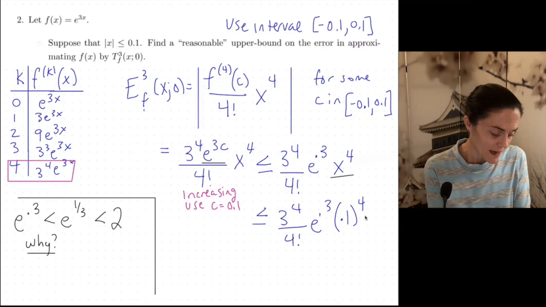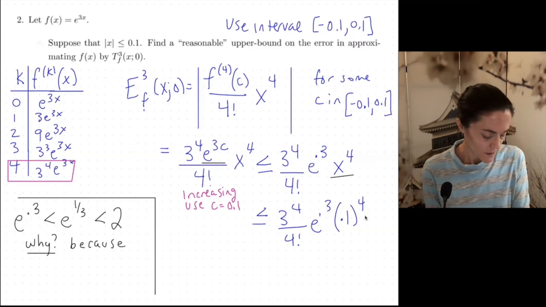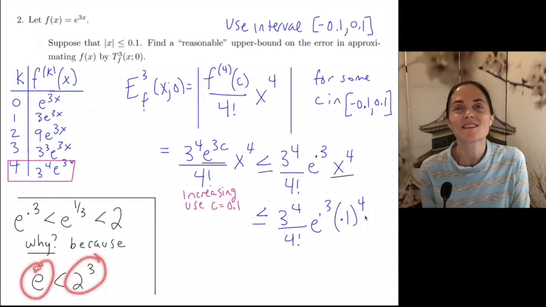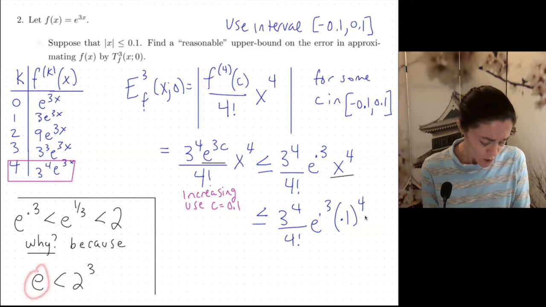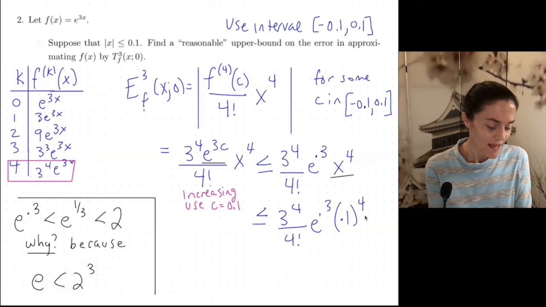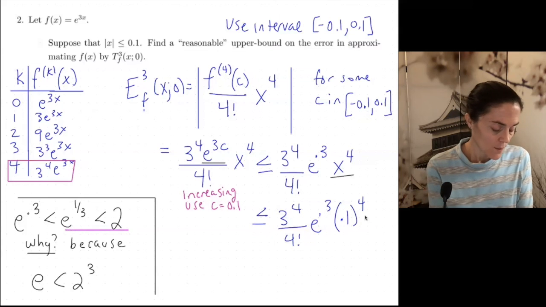Well, because e is less than 2 cubed. This is 8. And e is a number between 2 and 3, and that we can prove using series, for example. But e is between 2 and 3, and it's without a doubt less than 8. And so that gives us this. We have this here that we can use.